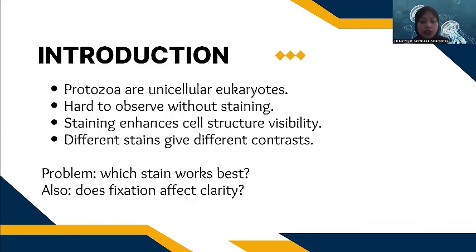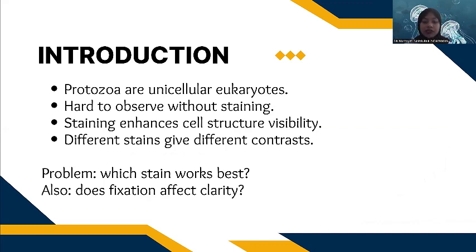Protozoa are unicellular eukaryotic organisms that are microscopic in size and often invisible without special treatment. Due to their transparent nature, it is difficult to identify their internal structures such as the nucleus, cytoplasm, or other organelles without the use of staining.